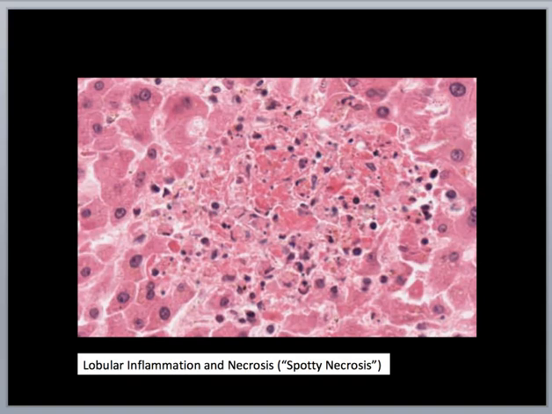This is just a higher magnification view showing the dropout of hepatocytes. These are normal or viable hepatocytes around the edges of the image, and in the center you see an absence of those cells, and what's left is this nuclear debris, necrotic cells, and a few inflammatory cells.